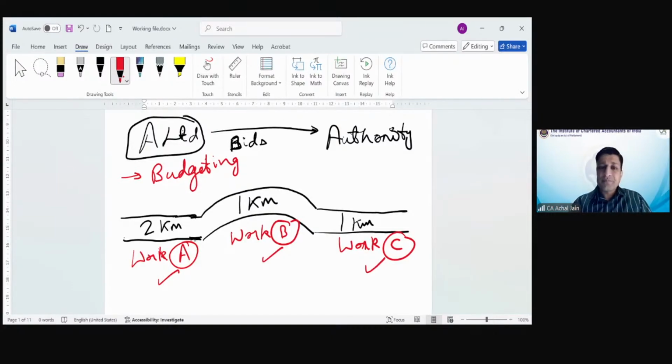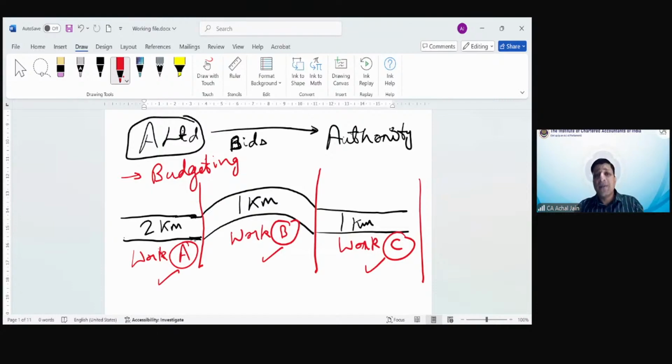So the budgeting and costing from the perspective of A Limited has been done in a combined manner, not separately for work A, work B, or C. They looked at A, B, C as a single contract.